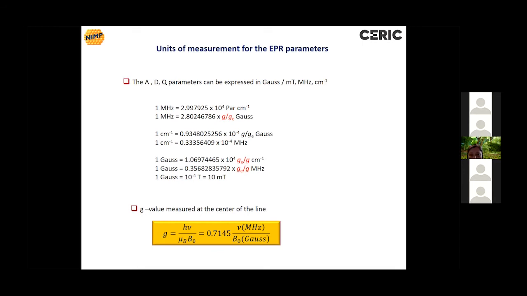This is, let's say, the basic tool. So from the resonance condition, you determine the g values, and you see how it relates with the frequency and the resonance field.